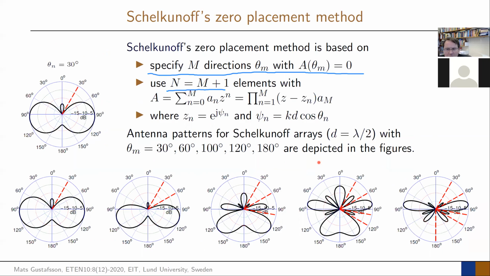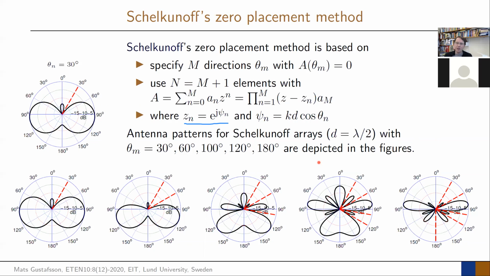And then we just use one property. If you remember what we've seen from all of those array factors, they are a coefficient a times e raised to something. And we can write that with these digital wave numbers here. So if I just call it z, then z_n is e raised to j psi_n.